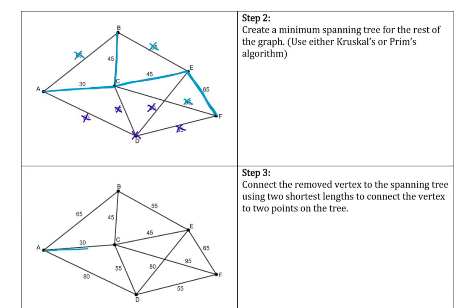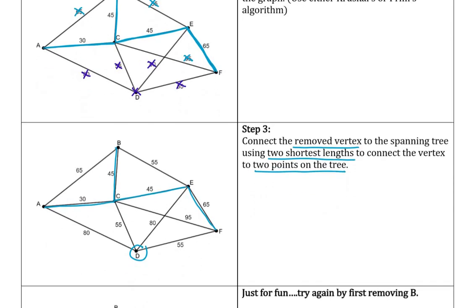Now we've got our spanning tree in place. What we're going to do is connect the removed vertex, which in this case is D, to the spanning tree using the 2 shortest lengths to connect the vertex to any 2 points on the tree. So either this 80, 55, 80, and 55 again, any 2 of those have to be included to form the lower bound.